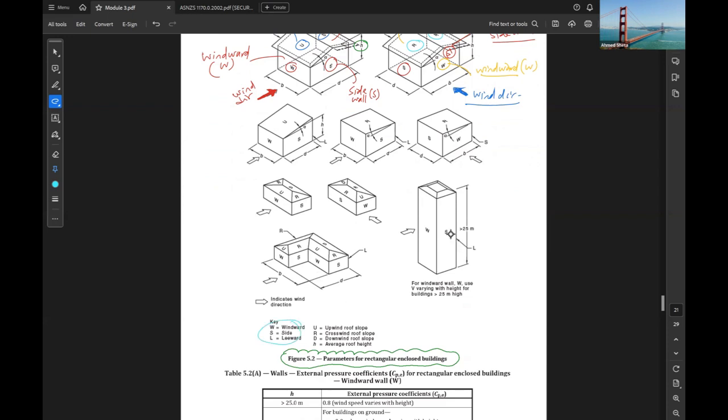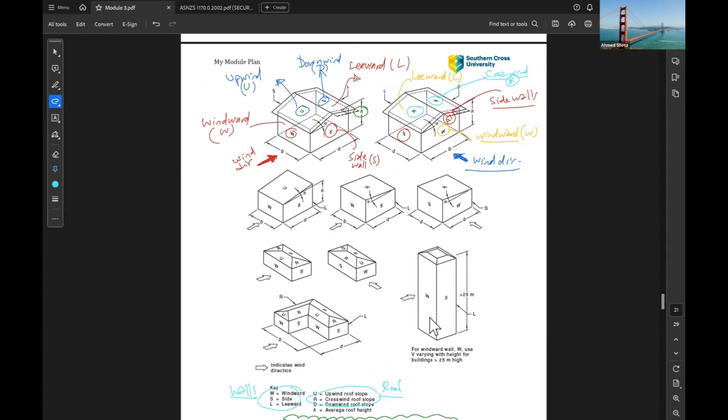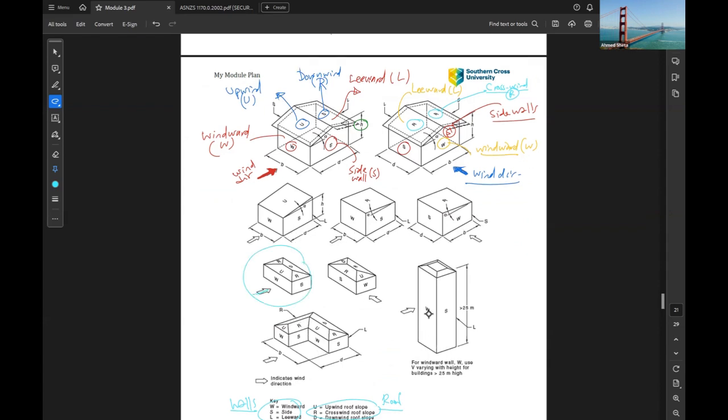For this example, if the wind is coming in this direction, we have windward and the other side leeward and 2 sides, and for the roof we have upwind facing the wind, downwind the other side, and these 2 are parallel to the wind, so we have crosswind.